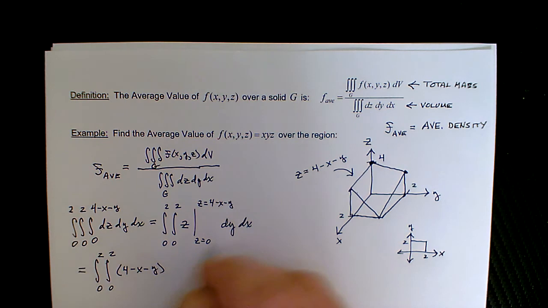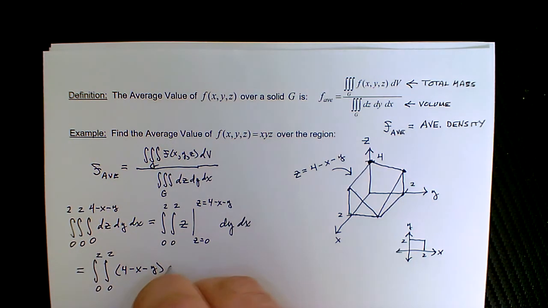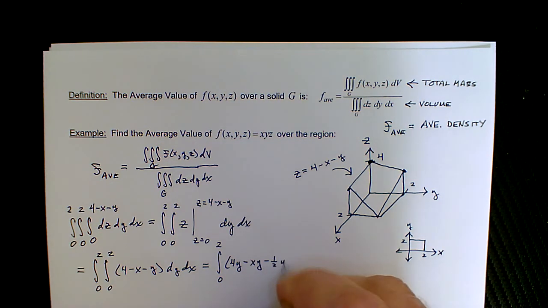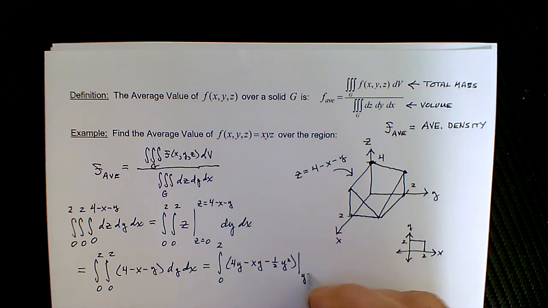So dy dx. Okay, integrate with respect to y. We get the integral from 0 to 2 of 4y minus xy minus 1/2 y squared, evaluated as y goes from 0 to 2, and that's with respect to x.